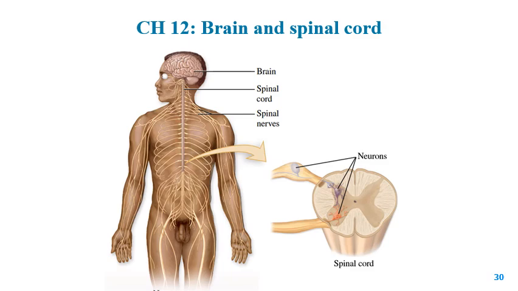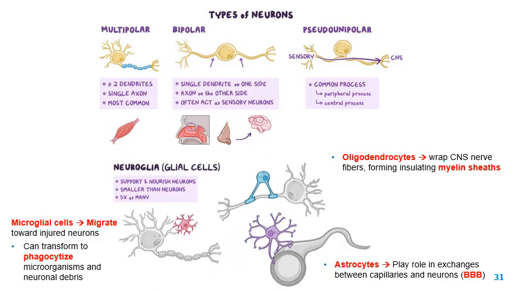Okay. And finally, we're going to get to the brain and the spinal cord. Everybody ready for the brain? Okay, so here we go. Brain and spinal cord. Things that you absolutely have to know is, again, the type of neurons, because they're important for the brain and spinal cord. So here's a little slide summarizing the neuron types and where you find them, and your supporting cells, your glial cells, neuroglia.